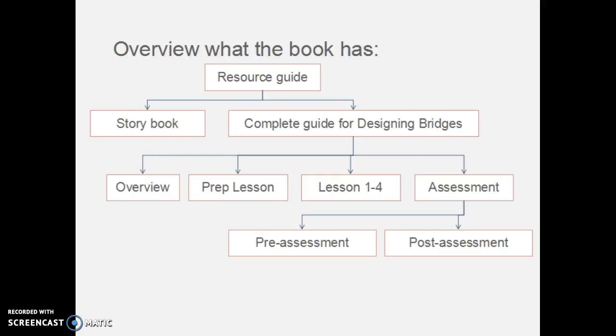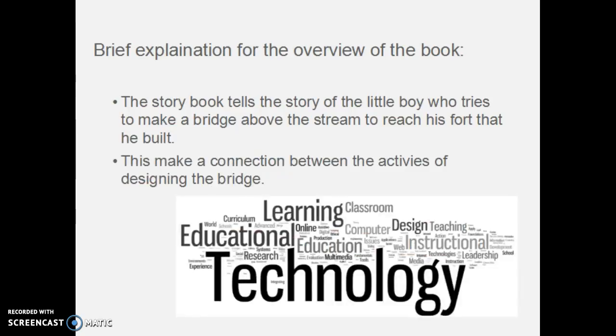The storybook is about a little boy who is playing with his sister and falls from the ground, and he wants to design a bridge to reach the fort he built. So he works with his stepdad to create a bridge. That's what the book is all about.